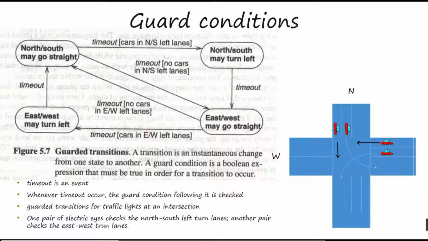This is an example for guard conditions. This is a state diagram for software controlling the traffic lights at an intersection.